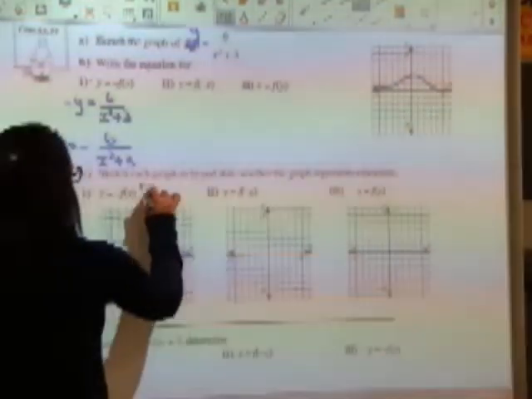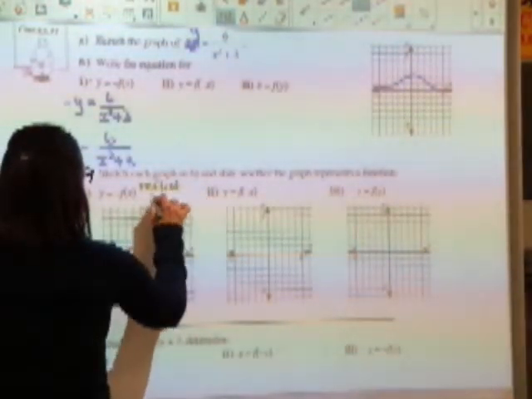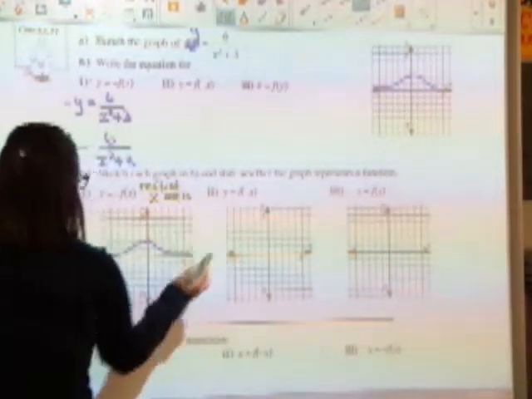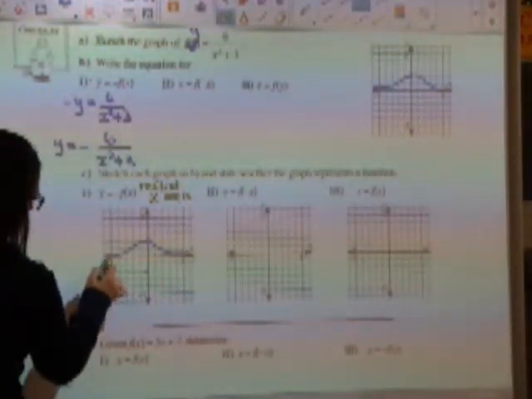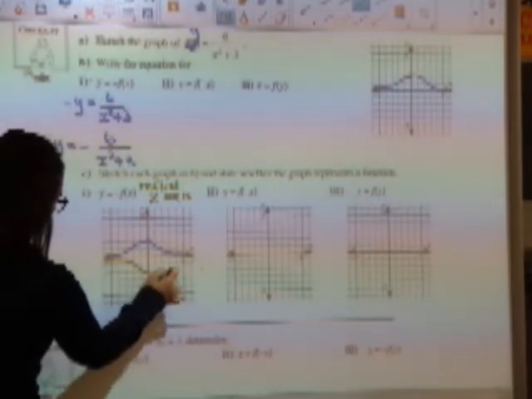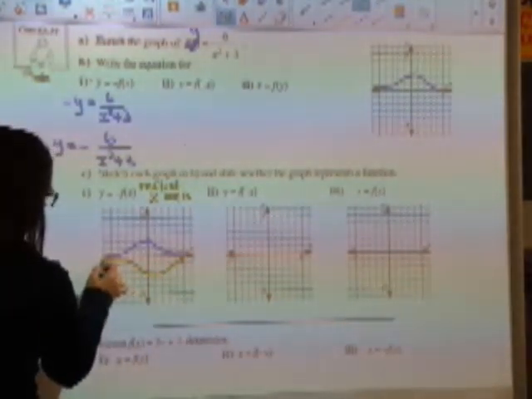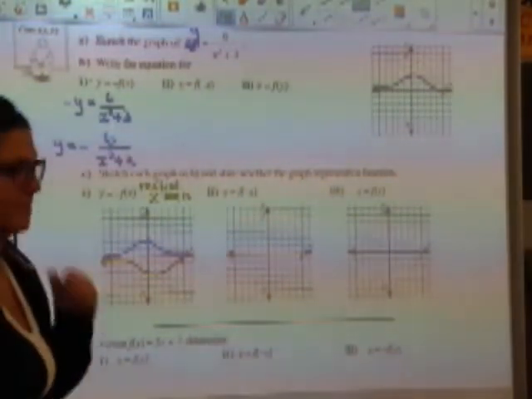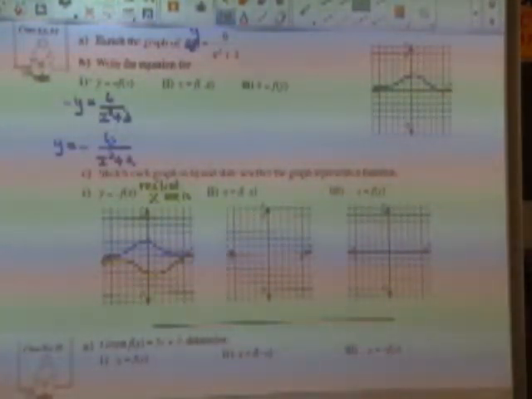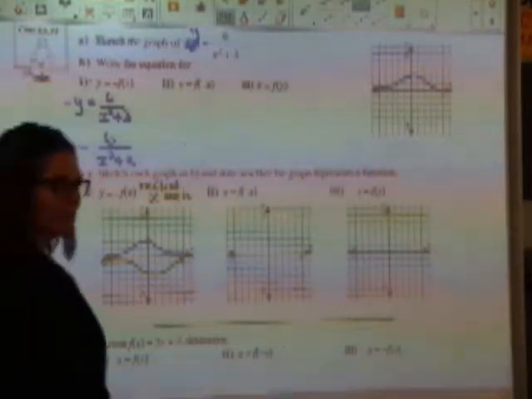X-axis. So this is a reflection in the x-axis. If I reflect it in the x-axis, I get my graph that looks like this. A little bit more symmetrical when you're on paper.